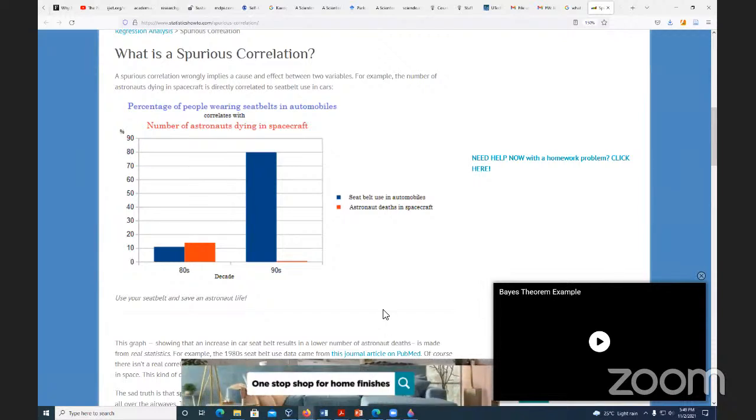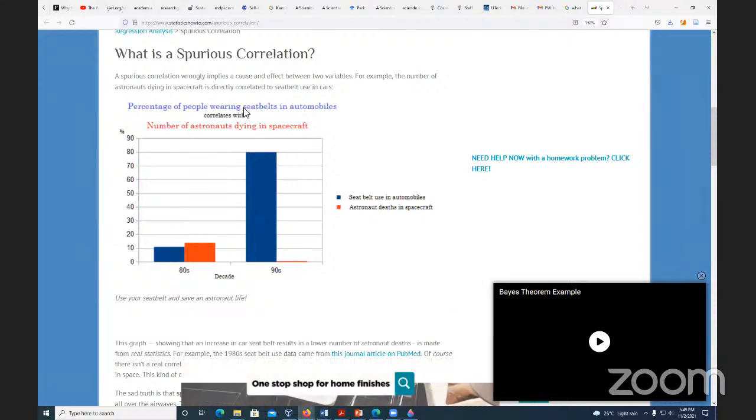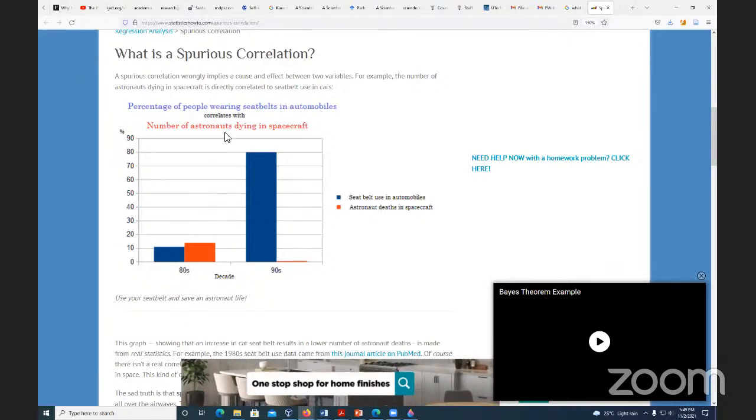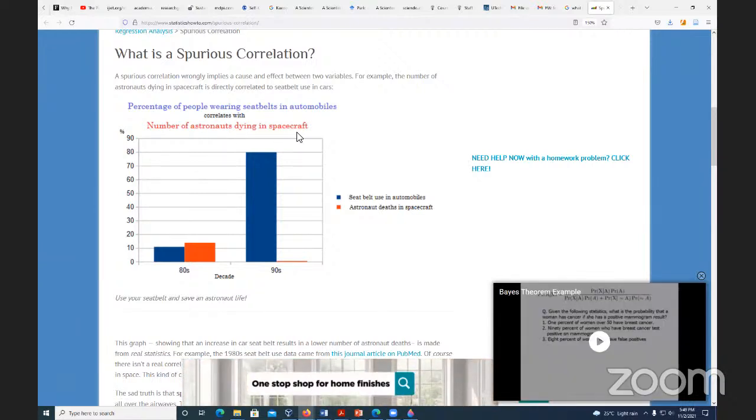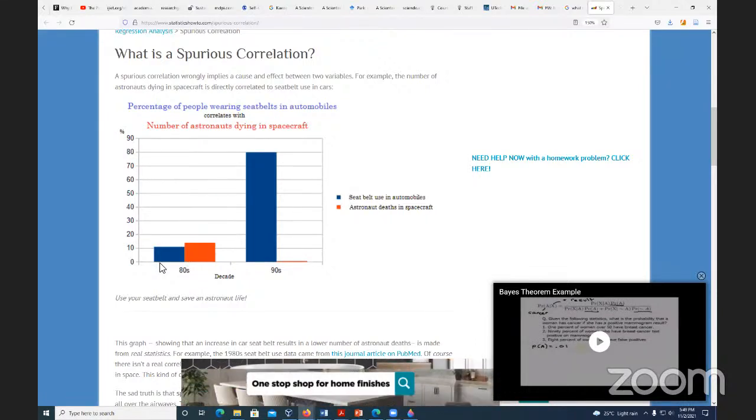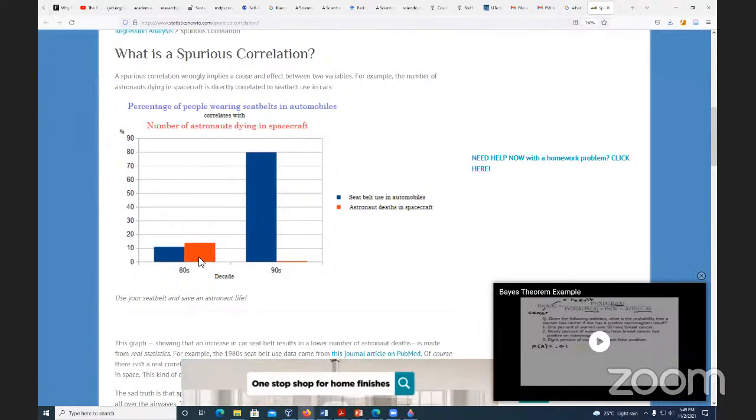The percentage of people wearing seatbelts in automobiles correlates with the number of astronauts dying in spacecraft. Wow. So in the 80s, not that many people wore seatbelts and not that many astronauts died.